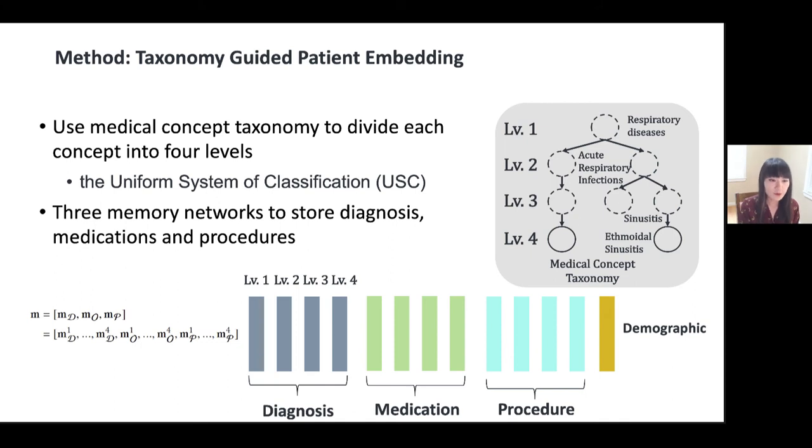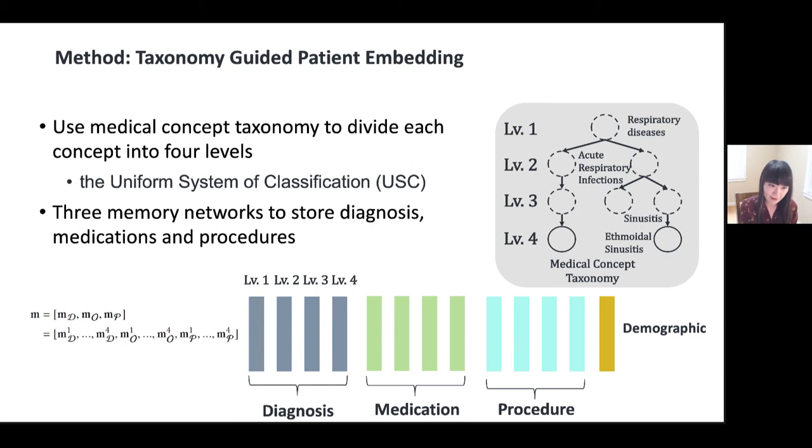Next, we learn the taxonomy-guided patient EHR embedding. Given a patient's EHR data, each visit can be represented by three types of medical concepts: the diagnosis, medications, and procedures. Each type of medical concept can be divided into different levels, from a more general concept to a more specific one. In this work, we use the Uniform System of Classification, the USC taxonomy, to divide each concept into 4 levels.